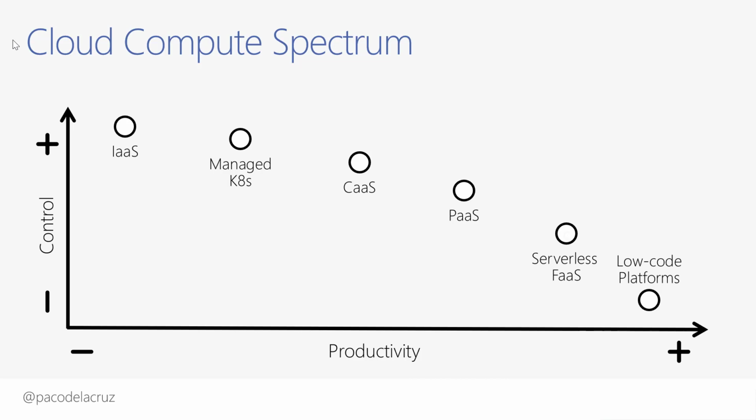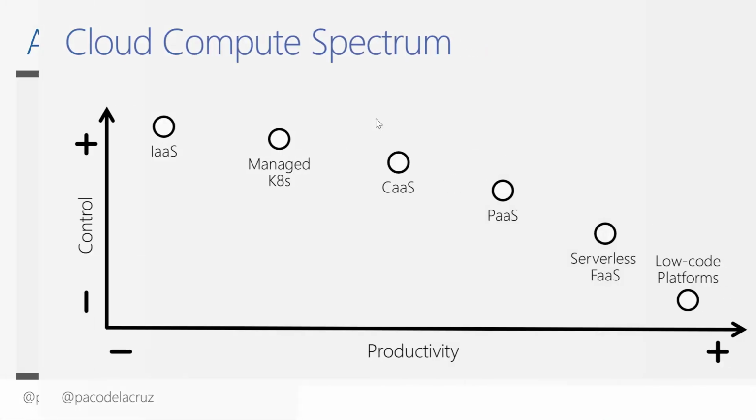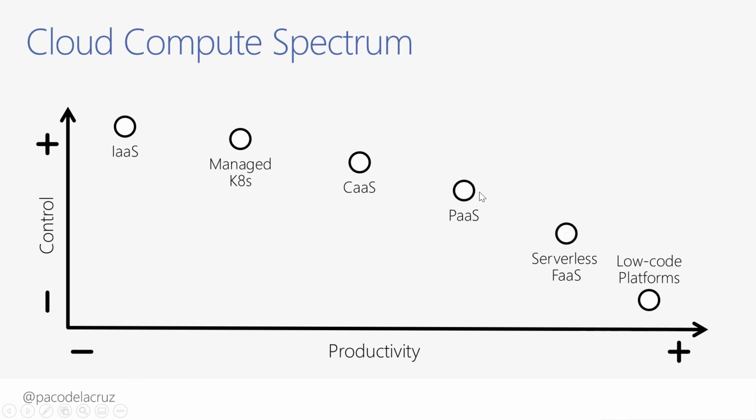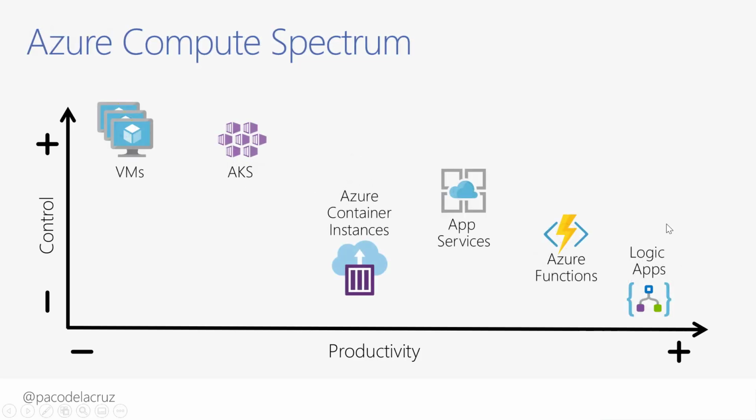In the beginning, everything was IaaS, mostly virtual machines, and then we started getting platform as a service, and then the next wave of evolution was serverless, functions as a service. We also have containers as a service, managed Kubernetes, and low-code platforms, which on Azure would be these offerings: VMs, App Services, Azure Functions, Logic Apps, Container Instances, and AKS. Tonight we're going to focus on functions as a service, which is Azure Functions.